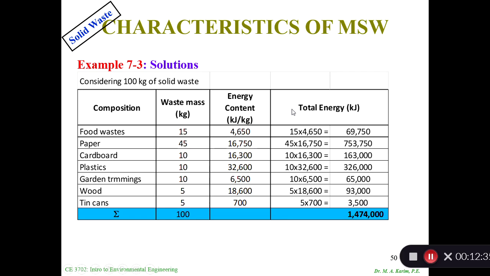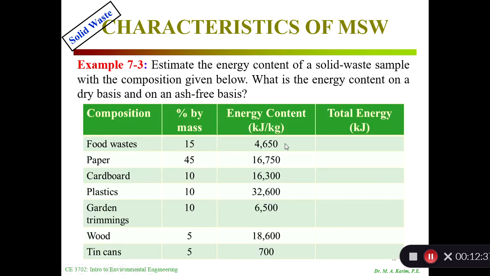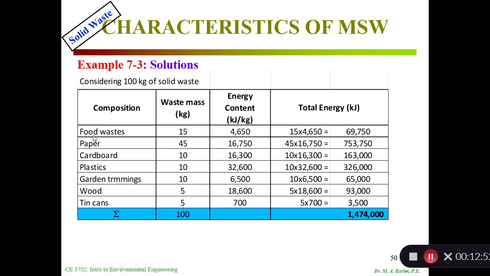So anyway, we'll solve this problem. Estimate the energy content of a solid waste sample. The composition values look the same as before. The energy contents are in kilojoule per kg, and we will find the total energy. I use the same approach, considering 100 kg of solid waste. So food waste is 15 kg.